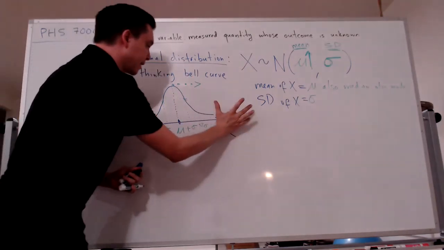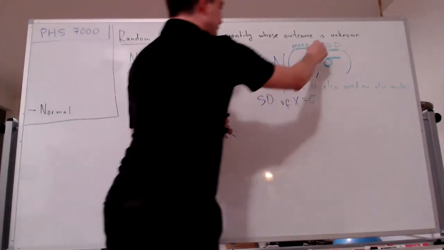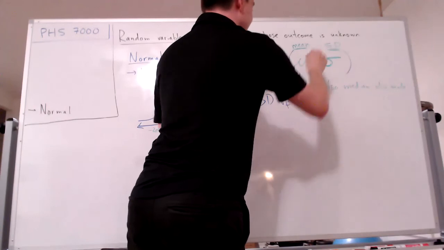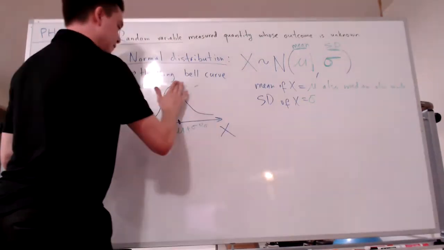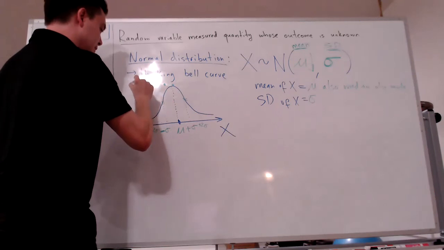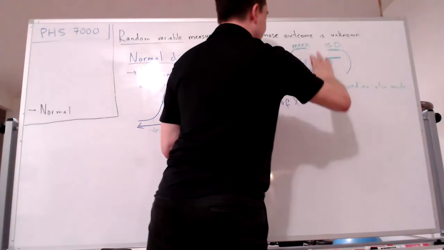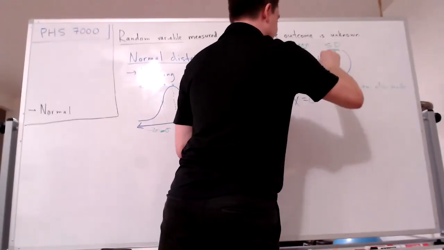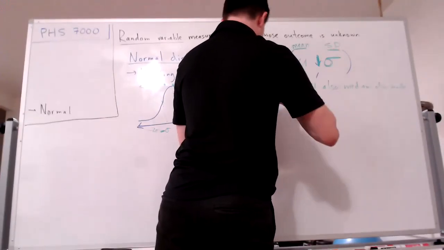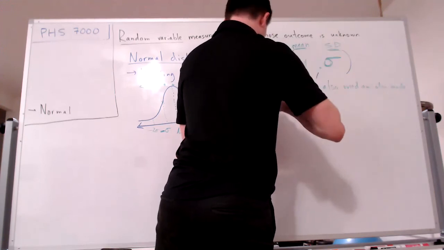If we decrease the mean, it's going to shift in this direction. If I leave the mean alone and I decrease the variance, that might be a little bit harder to imagine.